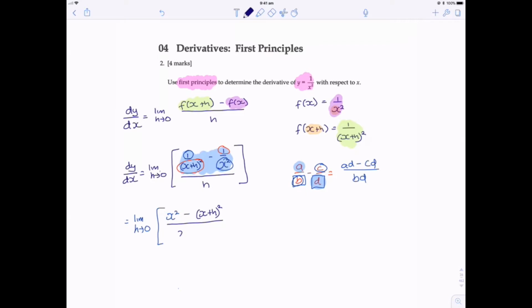So you have x squared times x plus h squared, and all of this is on h, which in fact I'm going to write as divide by h.